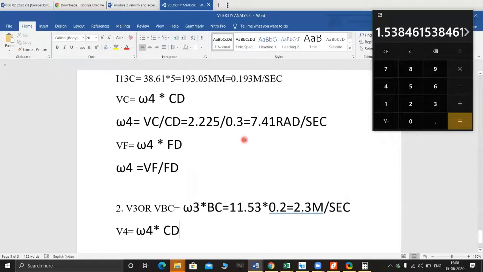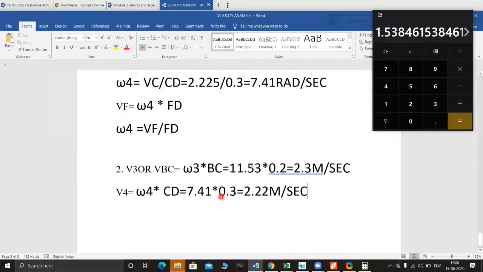Omega 4 we already know, that is 7.41, into CD, which is given as 0.3. How much will it become? 2.22 meter per second. Okay, the second question is completed.